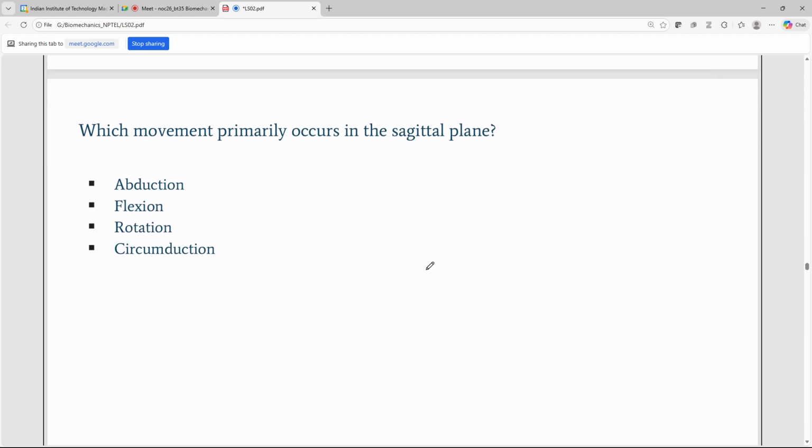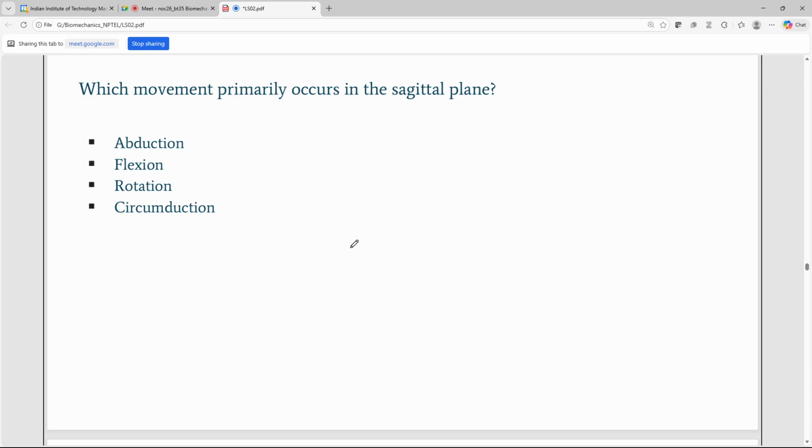Next question. Which movement primarily occurs in sagittal plane? Now you can simply answer this question, because we are continuously answering one particular plane or concept. But in the actual exam, when this question is mixed up with all other concepts, this can be confusing.